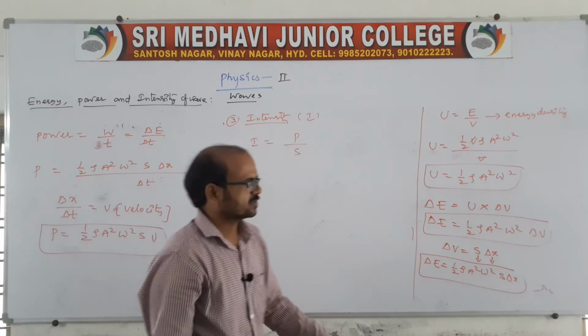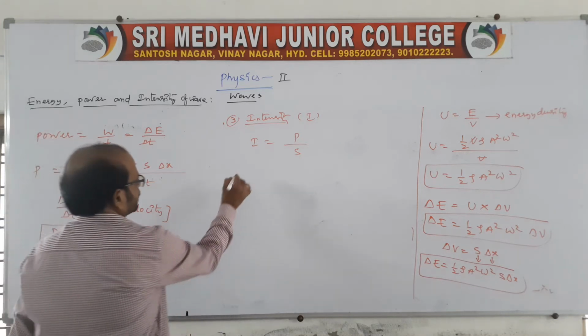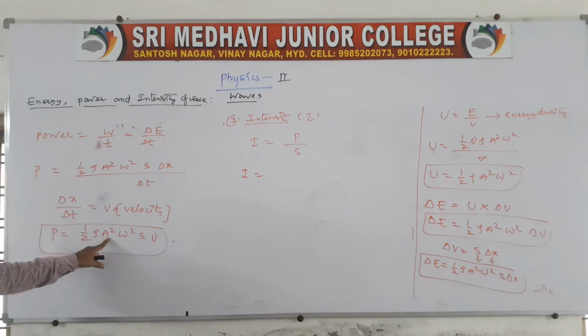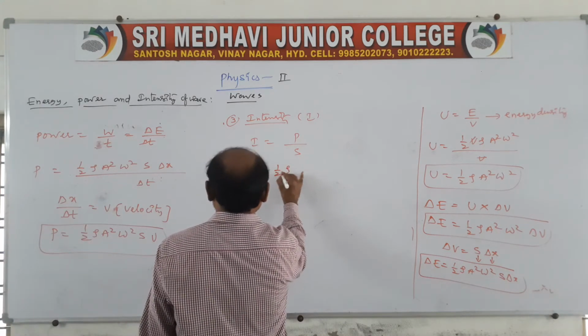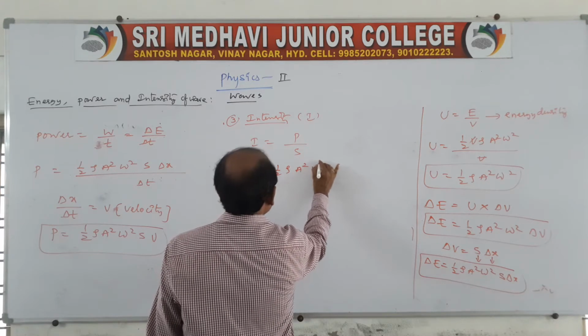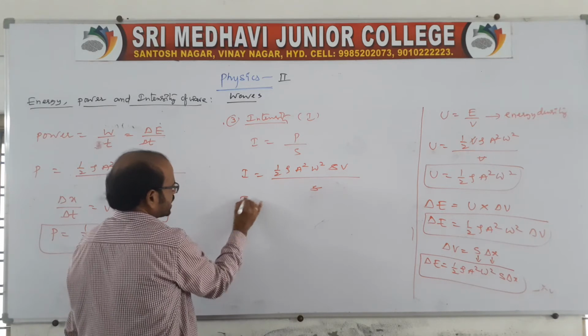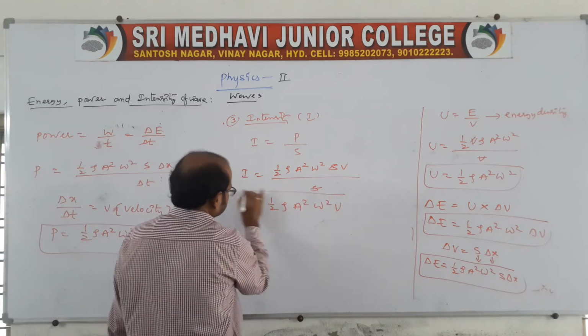So for waves, all these equations are important in the coming chapters. We know the power is half rho a square omega square S into V. Here, you write half rho a square omega square S into V by S. You cancel this. So I is equal to 1 by 2 rho a square omega square into V.